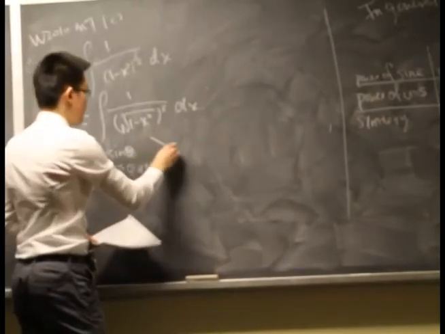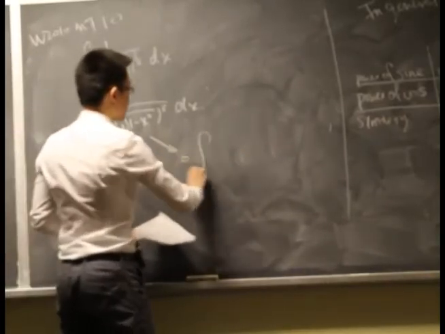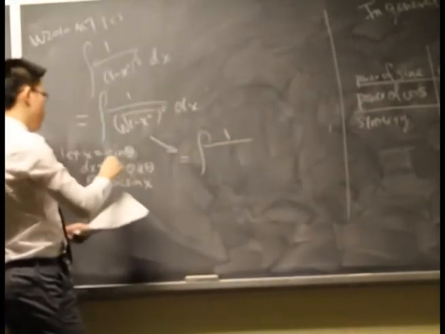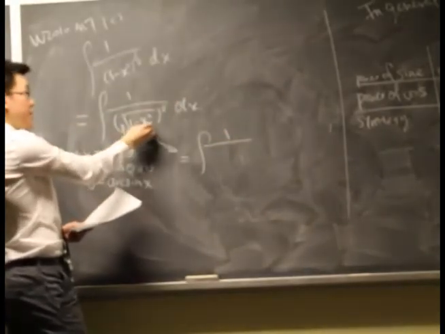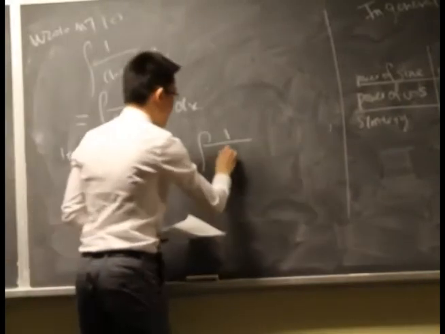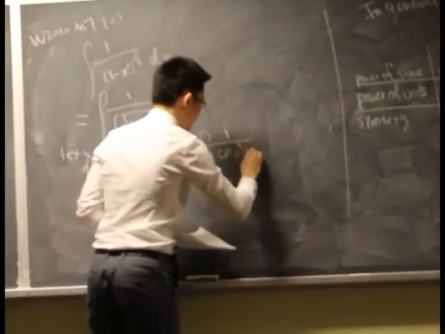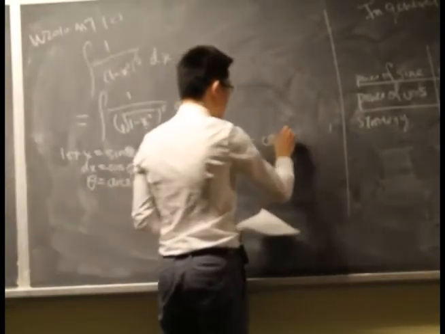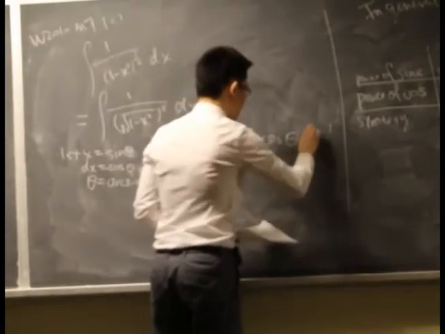So then this expression is going to become 1 over, I'm going to skip one step right here, which is that 1 minus sine squared is cos squared. And then square root of cos squared is just cos, so that's going to be cos cubed of theta. And then substituting dx right here, I get cos of theta d theta.